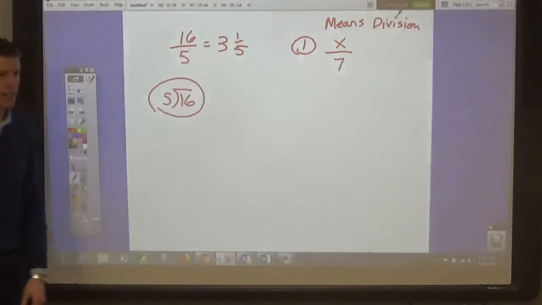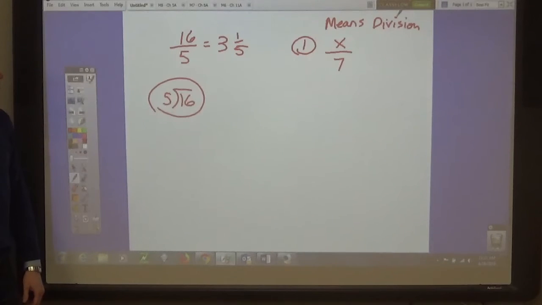X divided by 7. Okay? What are the problems? Do 1 through 15 on page 315.